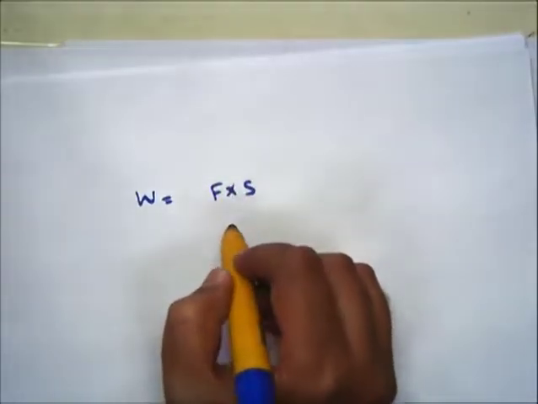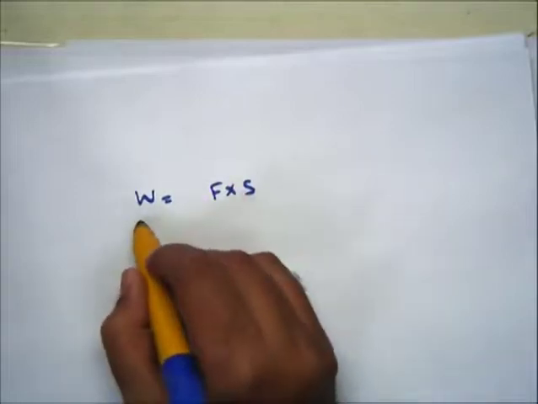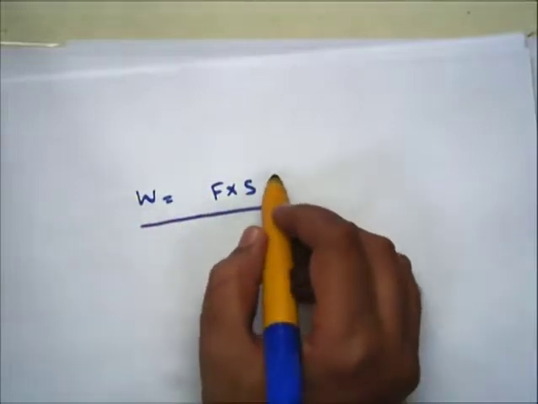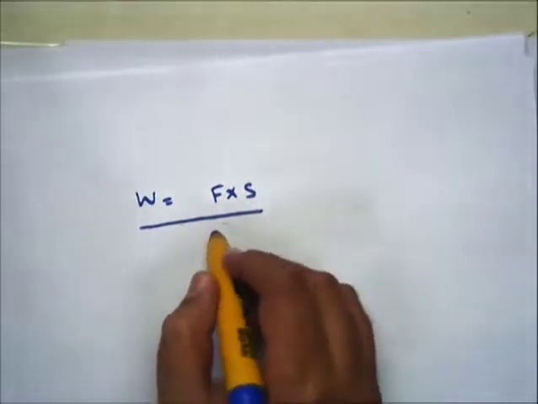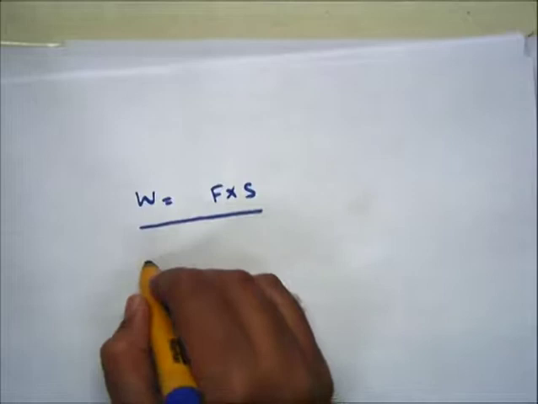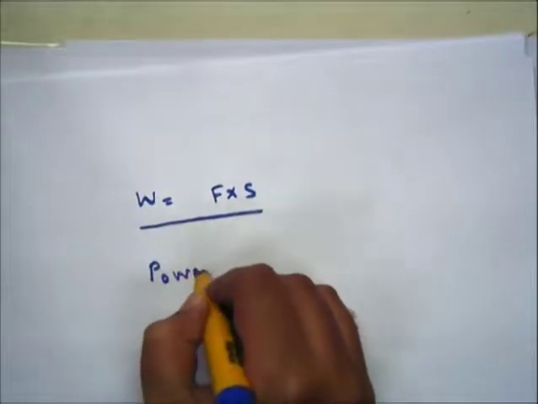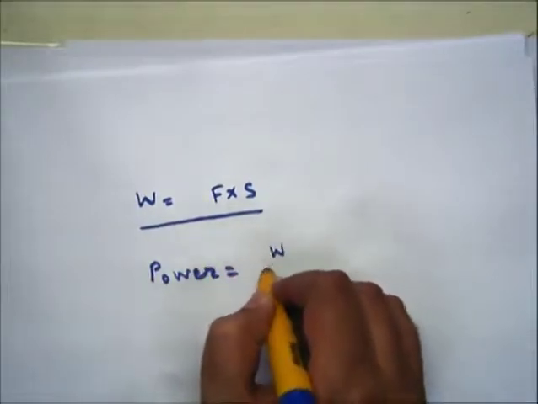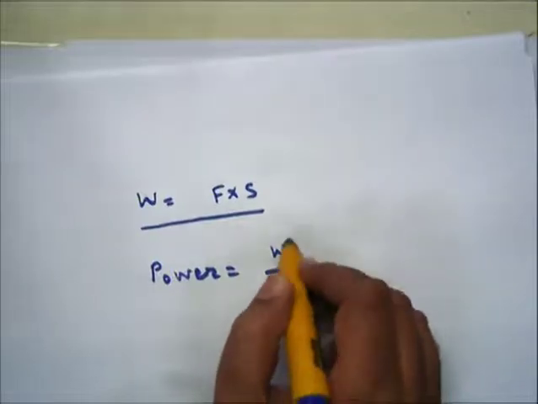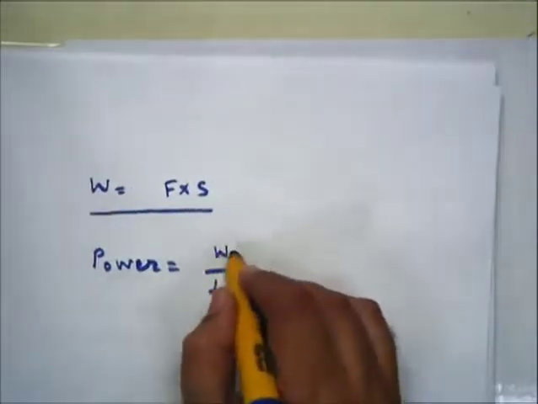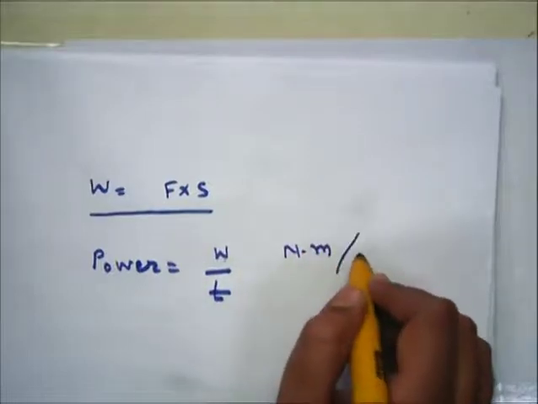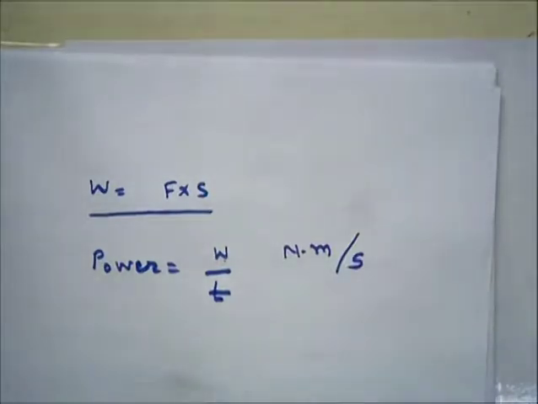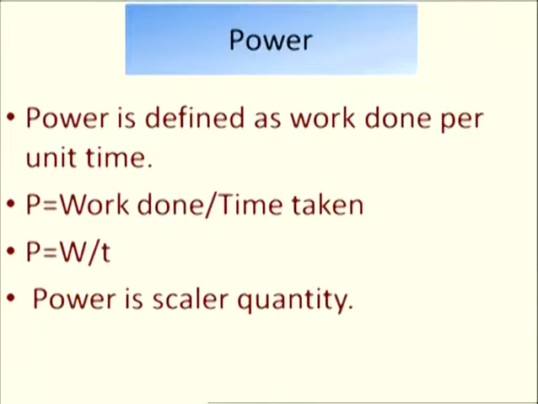But now, how much faster or slower this work is done is calculated by means of the quantity power. So power is nothing but work done upon time, and naturally work done is in Newton meter, so the unit of power is Newton meter per second.